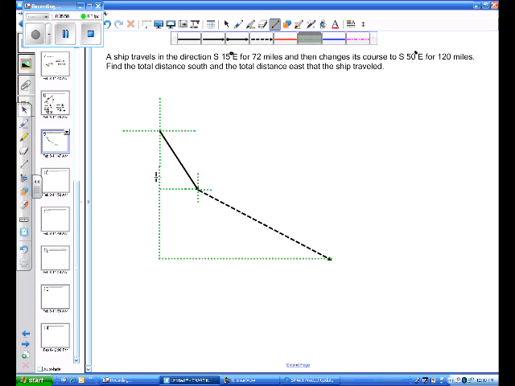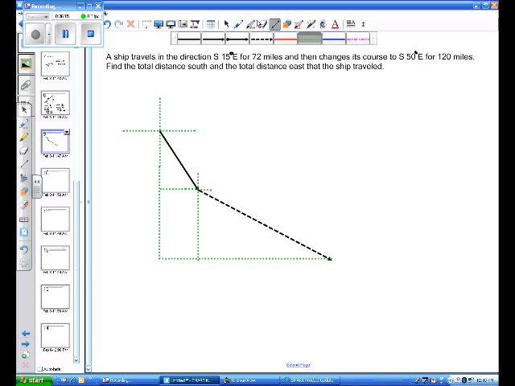So we can find out how far south we are for this triangle and how far east we are. Then for this triangle, we can find out how far south and how far east we are, and then just simply add them together. So let's look at the first one.